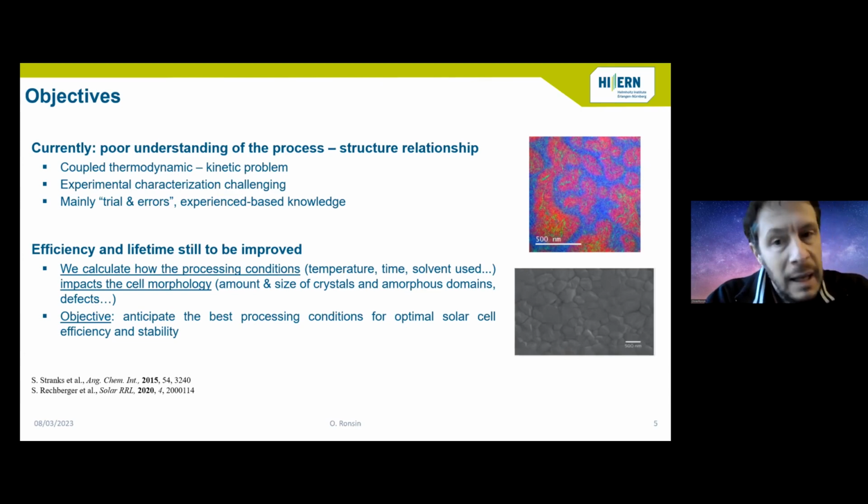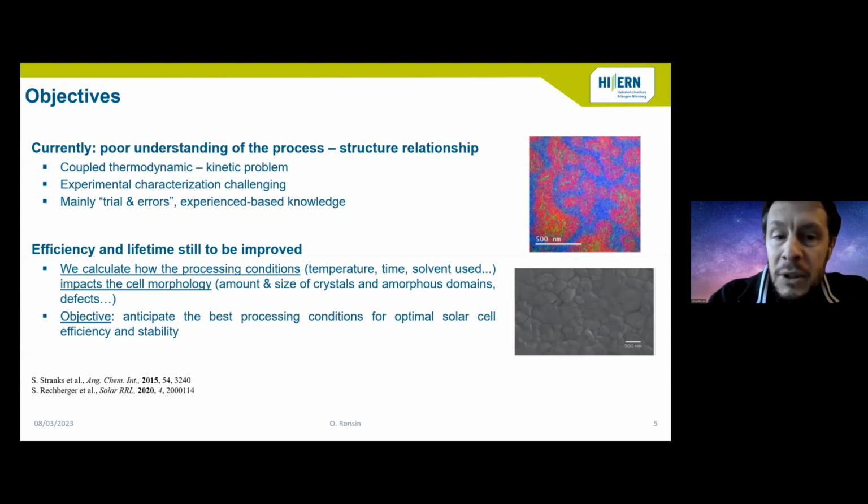On the other hand, for these systems, perovskite and organics, efficiency and lifetime still need to be improved. And we know that the morphology plays a role for this. So, of course, we would like to understand how we can tune the morphology with the process so as to choose our morphology to fabricate the best possible solar cells.